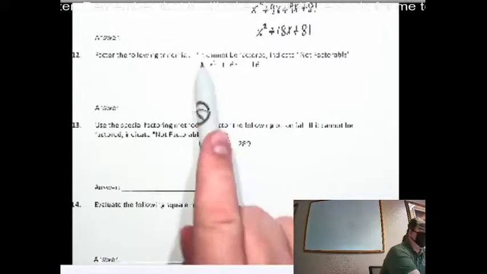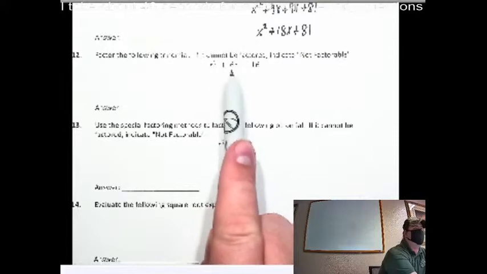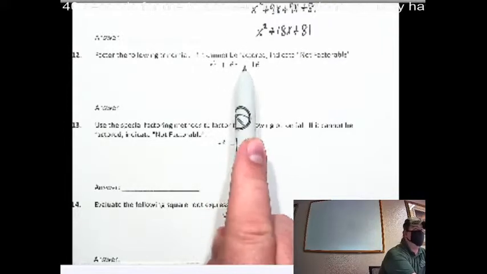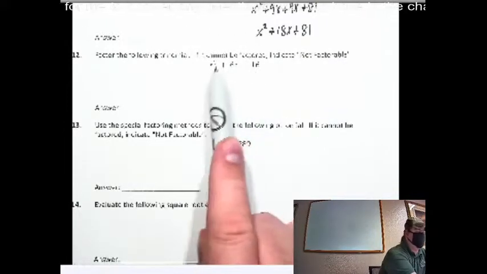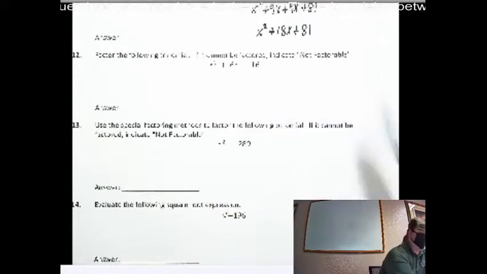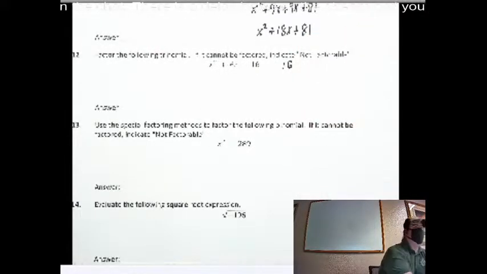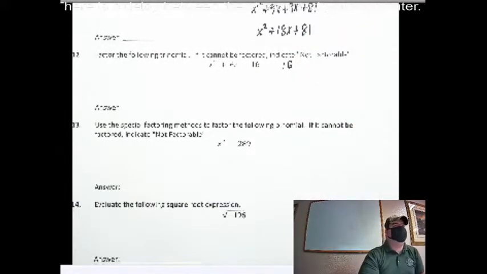So remember, these are set up as ax squared plus bx plus c. So our a here is 1, and our c is 16. So AC, 1 times 16 is 16.